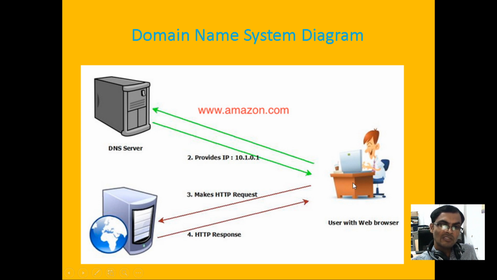Then the IP address comes back to the user's browser, and from the user the request goes to the Amazon server. This is the domain name server, or name server, the domain name system.